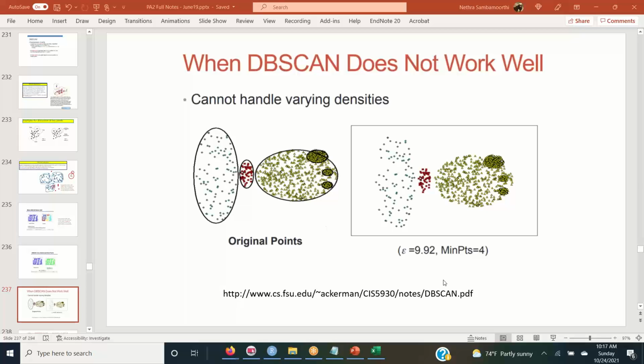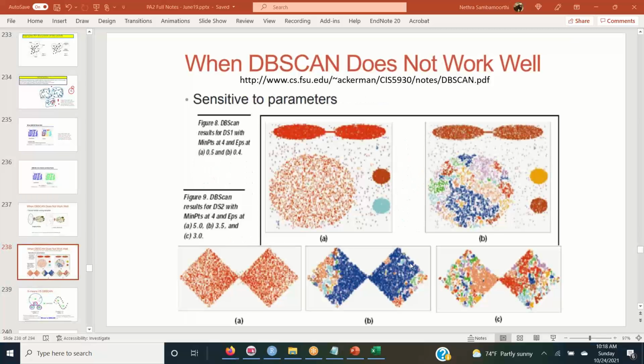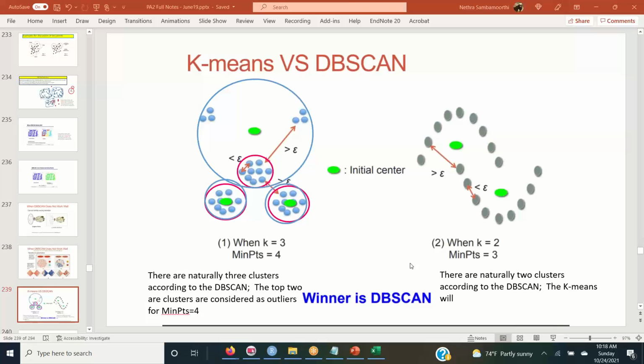But depending upon epsilon, these points might become noise points. So in a particular example, in this particular paper, with epsilon equal to 9.92 and mu 0.4, it identifies all these things. It identified this, but it did not identify this as a cluster; it identified it as noise. So there are more examples like that.